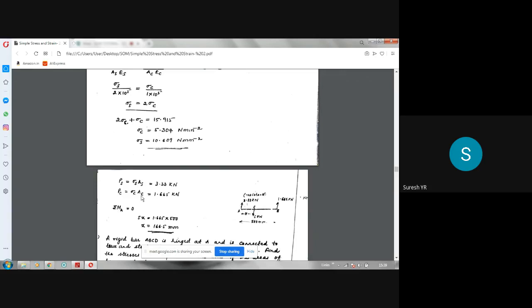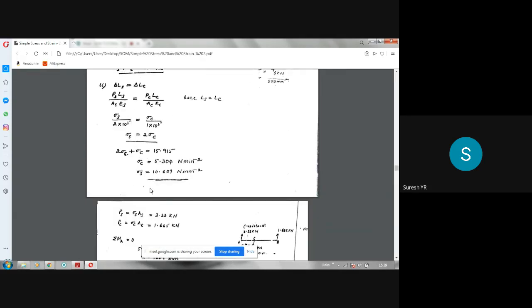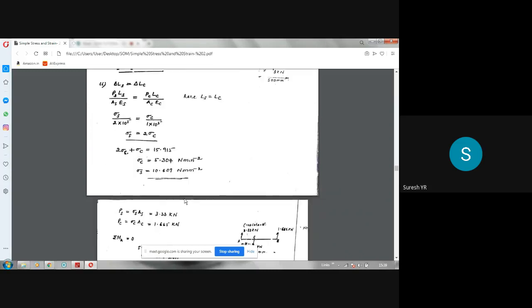Similarly, force in the copper bar will be sigma C into AC, stress into area. So stress in copper is 5.3 multiplied by the area of copper. Area of the copper rod is also the same, pi into 20 square by 4. If you substitute that, you will get it in newtons. Divide by 1000, you will get it in kilonewton. So PS and PC, if you add these two, you should get 5.